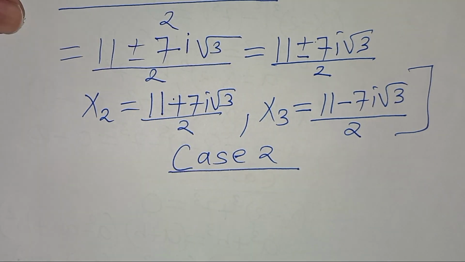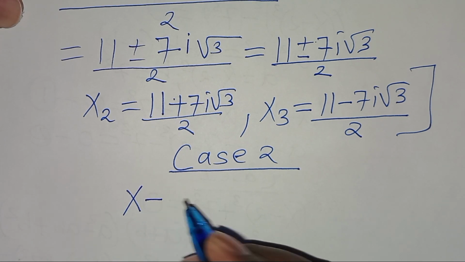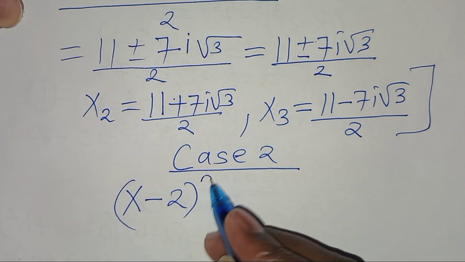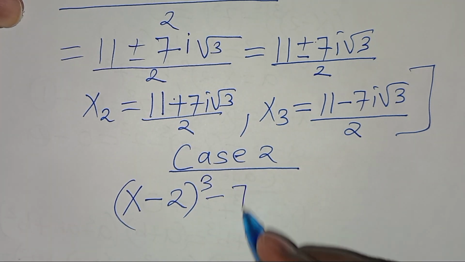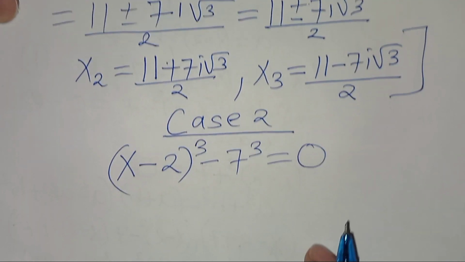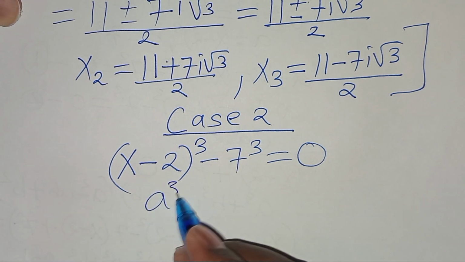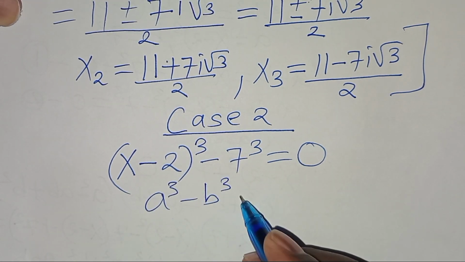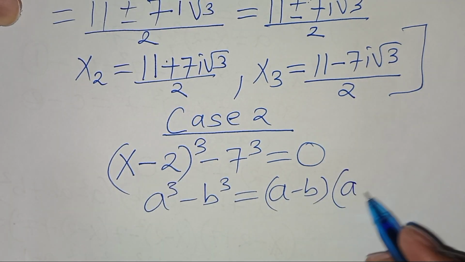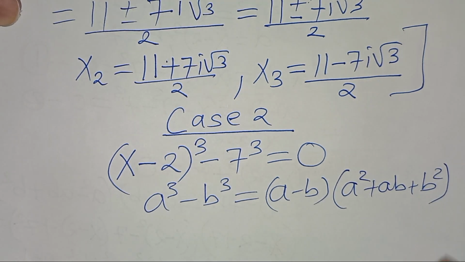Now from case 2, we have that x subtract 2 to power 3, okay, subtract 7 to power 3, this is equal to 0. Now this is actually the difference of 2 cubes expressed as a to power 3, subtract b to power 3, which we can express as a minus b, a squared plus ab plus b squared.